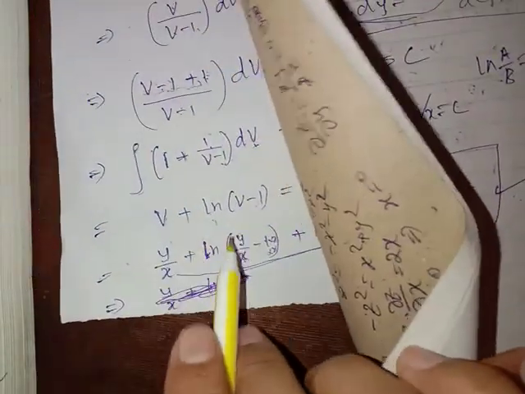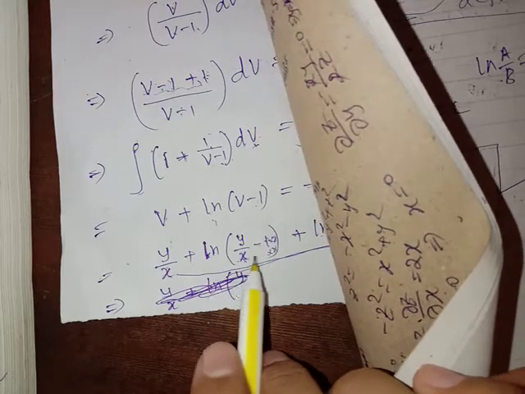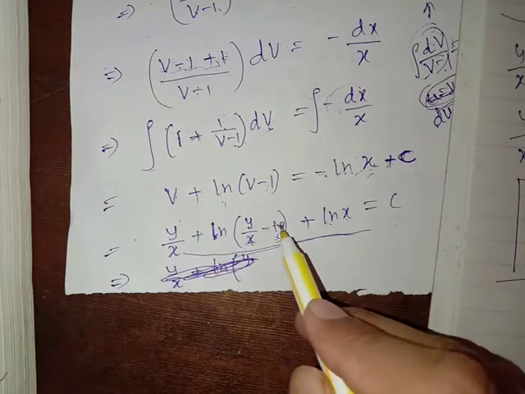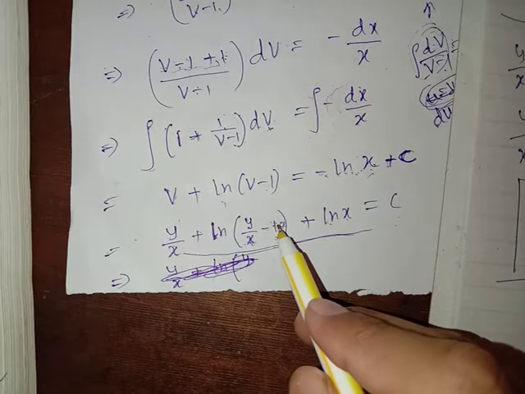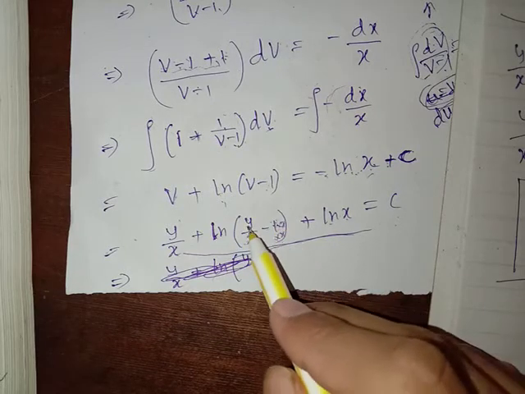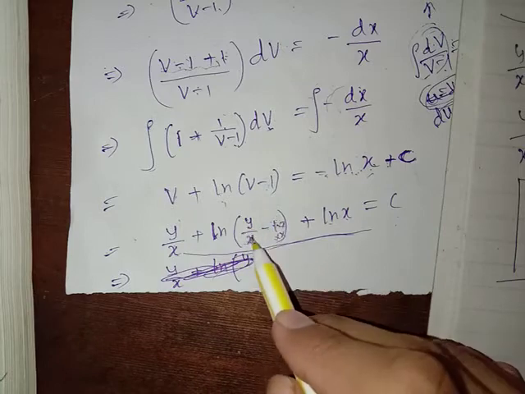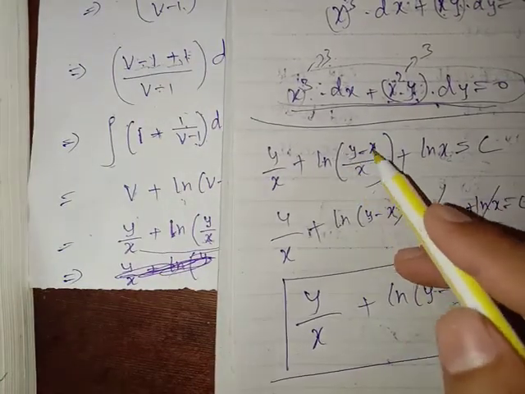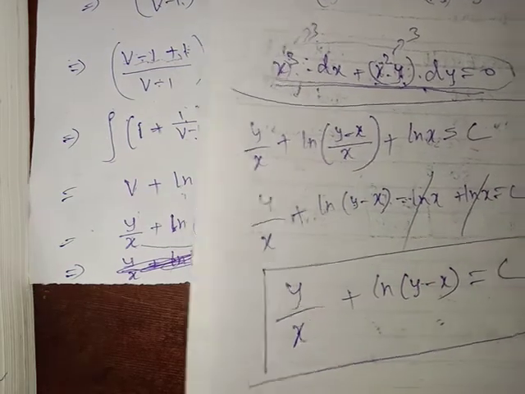We can write y by x minus 1, if we make a common denominator by multiplying by x, as x by x. y by x minus x by x is y minus x divided by x. So we can write in this manner, y by x plus ln of y minus x divided by x, plus ln x is equal to c.